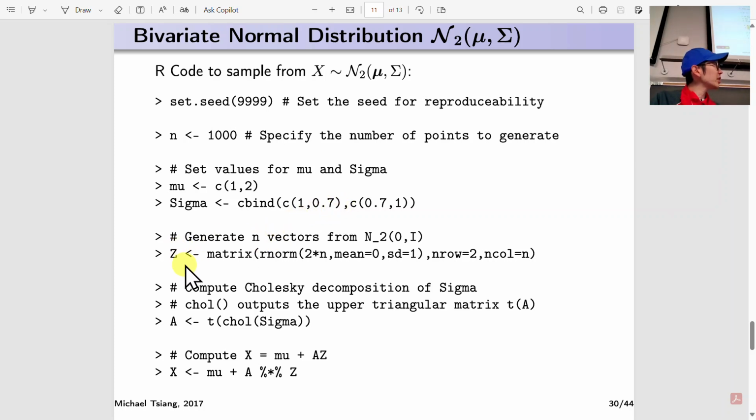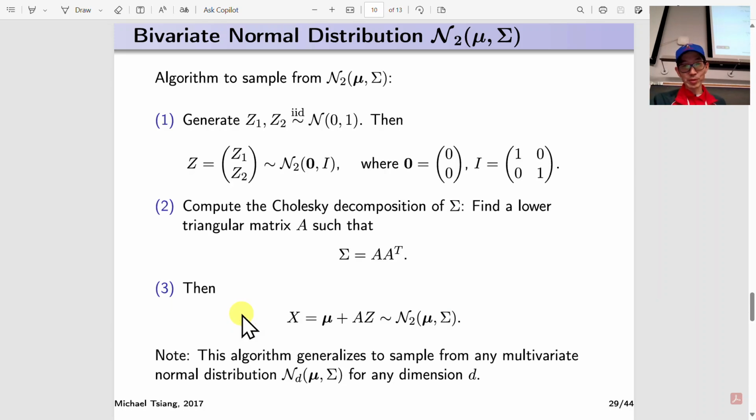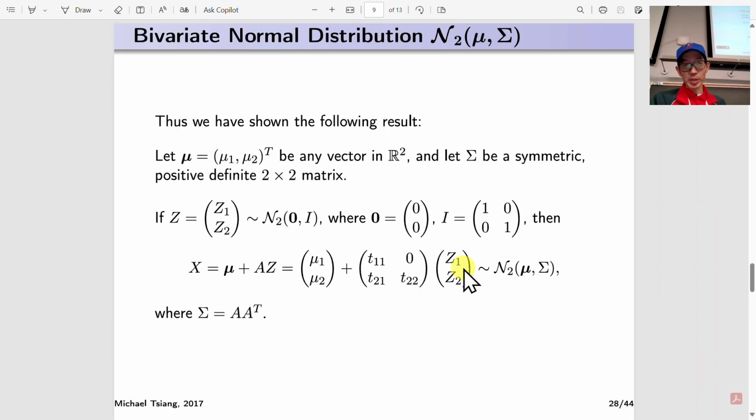Okay, so I'm going to generate a bunch of z values, basically 1,000 z1 and 1,000 z2 values, and arrange them into a matrix of 2 rows and 1,000 columns. Okay, so I've got this big matrix Z. All right, and then there's a function Cholesky that we can use to figure out what the values of A are.